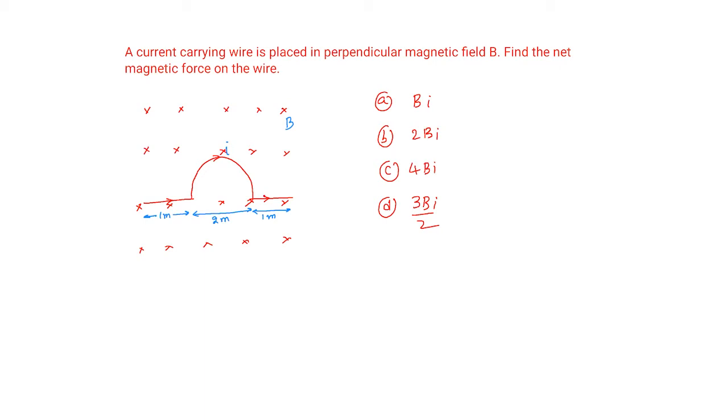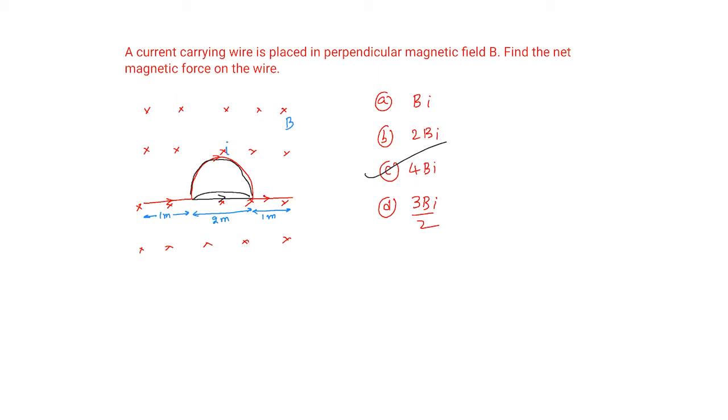Suhas correct. Ananya correct. Yes, this is one of the previous mains questions. Now tell me, what is the answer, children? 4BI, correct. See, you have to replace the curved current carrying wire by a straight part.